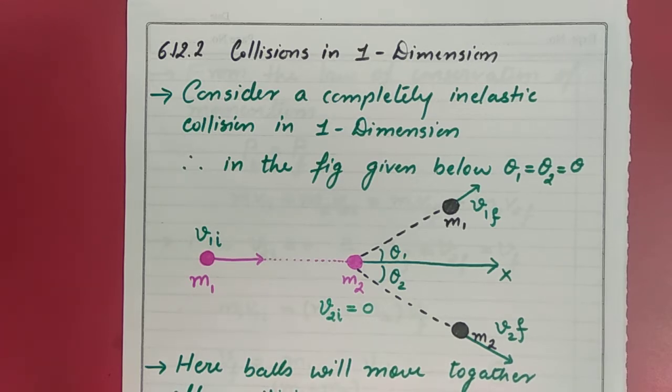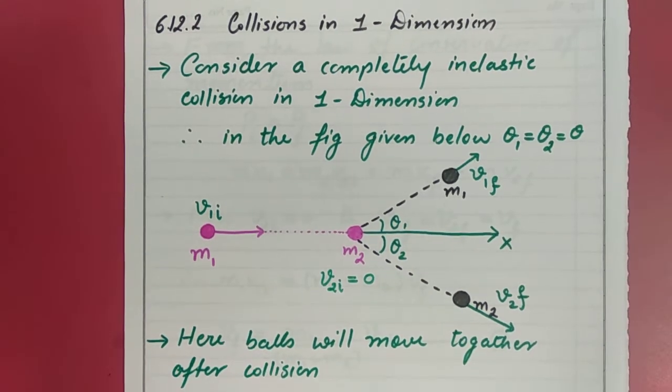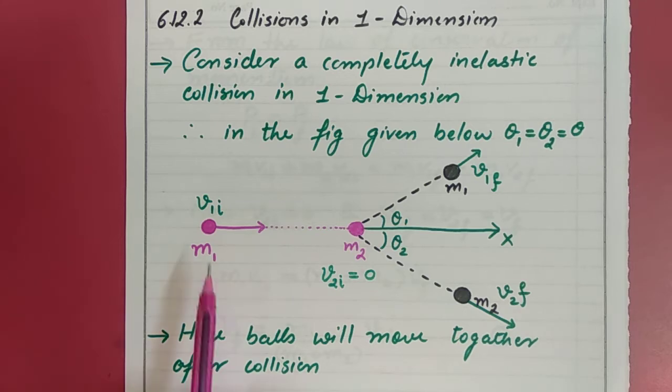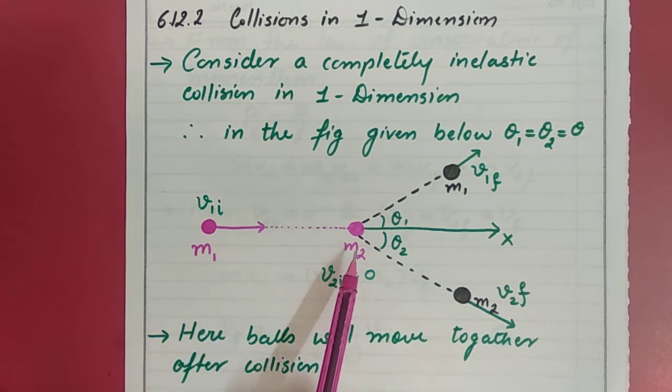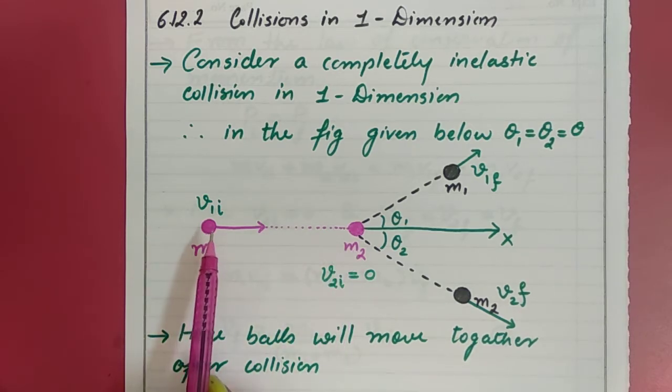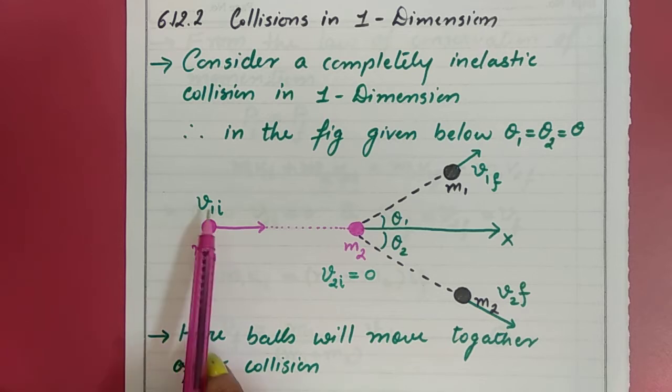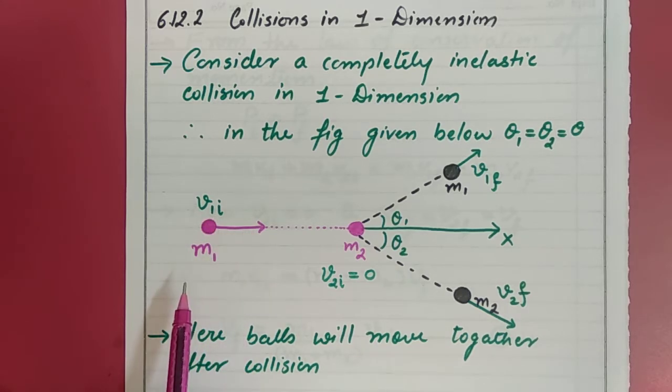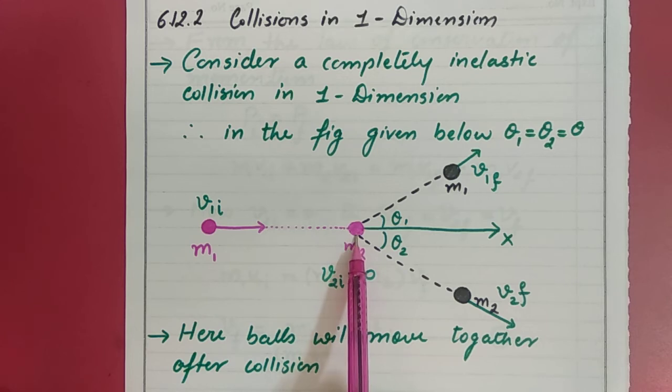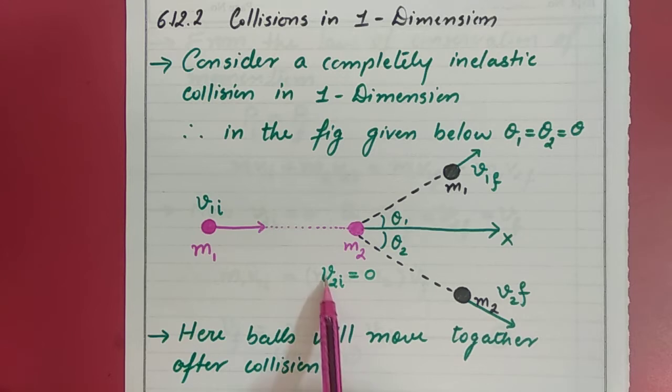So now let's start. This is the figure in which we'll be considering the collision of two balls, M1 and M2. Ball M1 has initial velocity V1I, in this direction. Ball M2 is stationary, so its initial velocity V2I is 0.